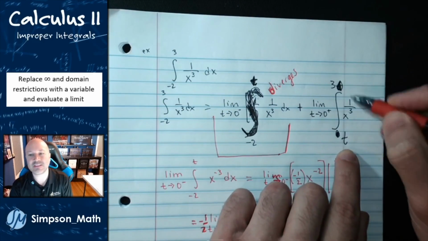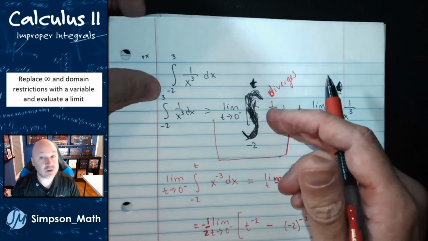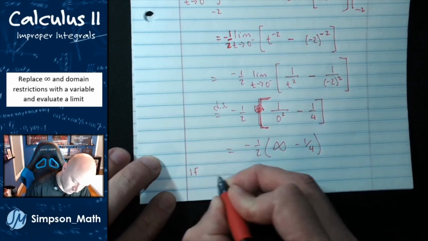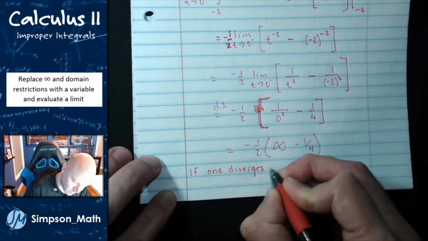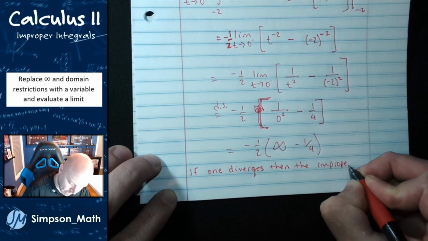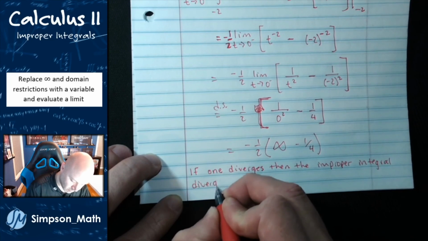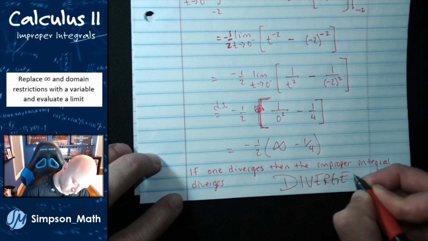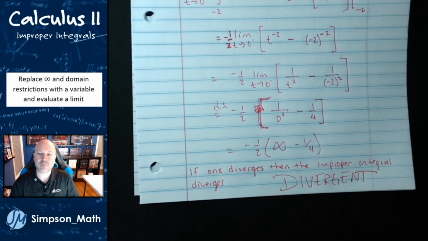Even if I calculated this and it converged to 2, well, 2 plus infinity is still going to be infinity. So as soon as 1 diverges, you know the entire thing diverges. That integral is divergent. It diverges up to infinity.